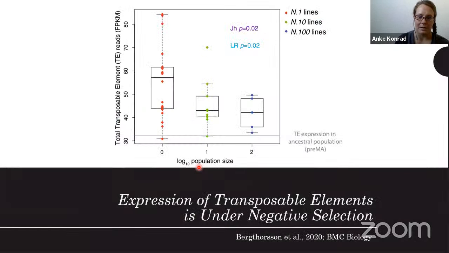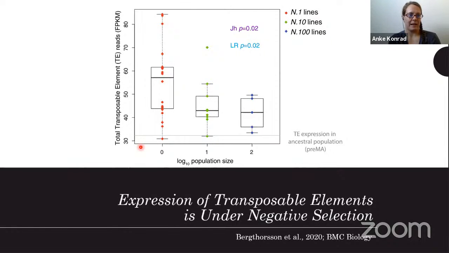There's one other thing, and if you're interested in transposable elements, this paper with Olva as first author just came out in BMC Biology. This is another part that we were looking at.